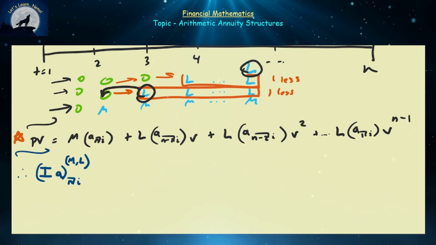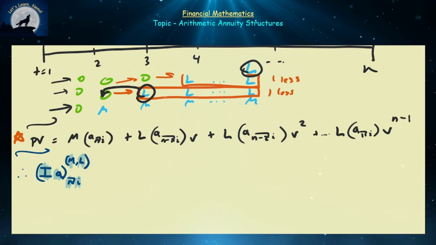So that is what this statement is. Arithmetically increasing annuity immediate, n payments, effective interest rate i, first payment m, increases by L each time.